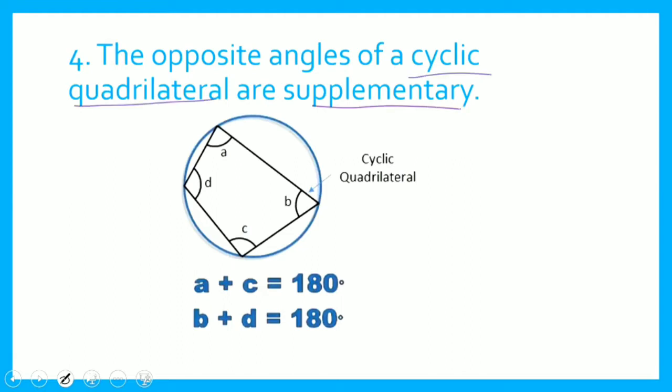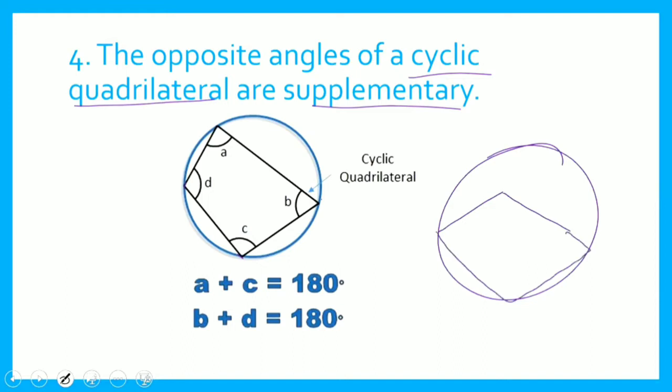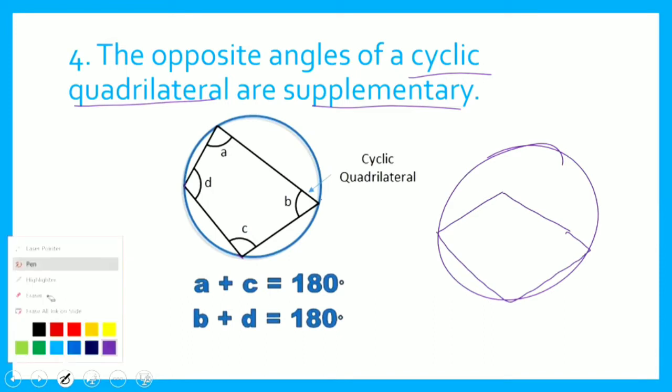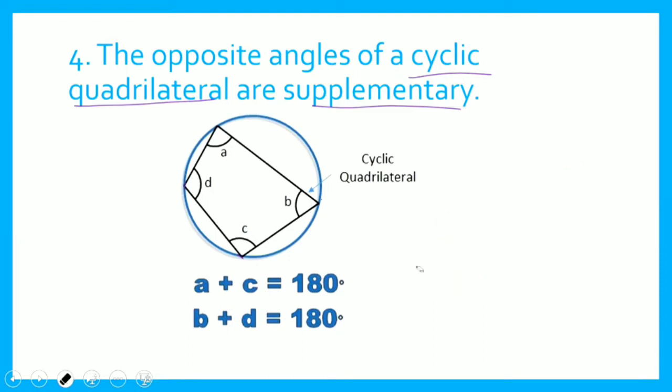What's a cyclic quadrilateral? That's a quadrilateral whose vertices, see them here, 1, 2, 3, 4. A quadrilateral has 4 vertices. Those 4 points there are touching points on the circle. So this is not a cyclic quadrilateral because only 3 of the vertices are touching the circumference.